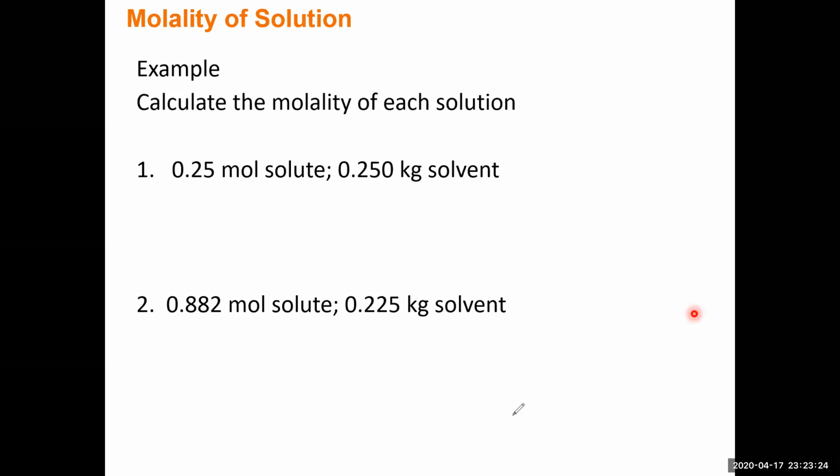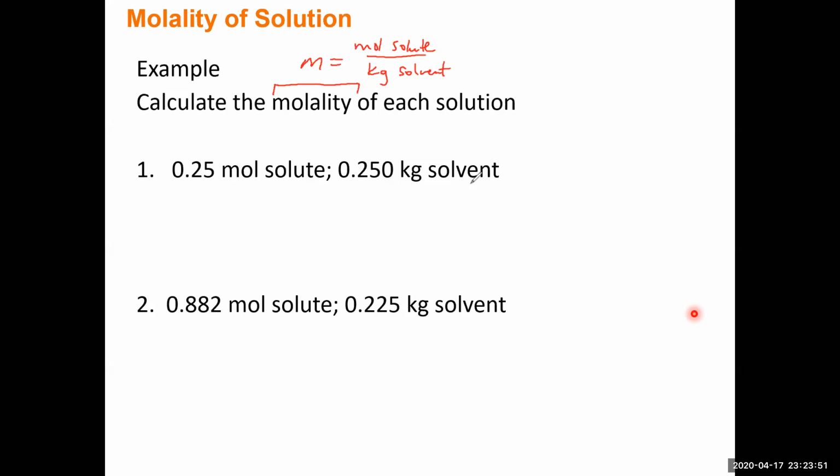Let's do this together now. Remember that molality is a lowercase m, which is equal to our moles of your solute over the kilograms of your solvent. So we already have in number 1 the moles of our solute and the kilograms of our solvent.